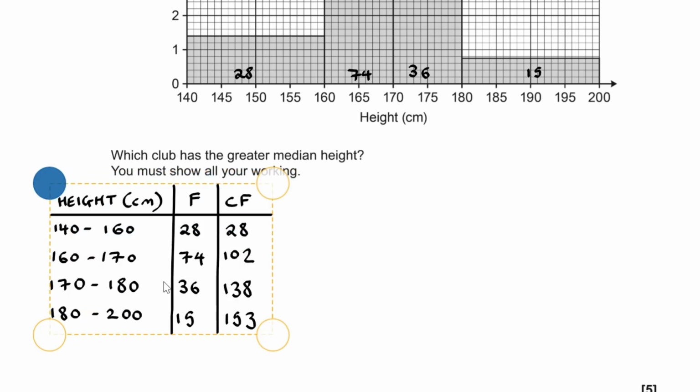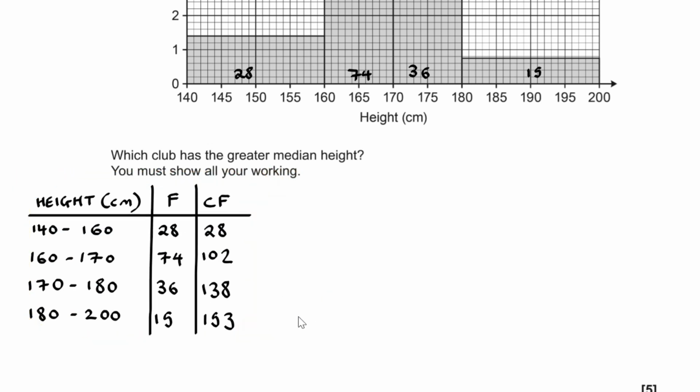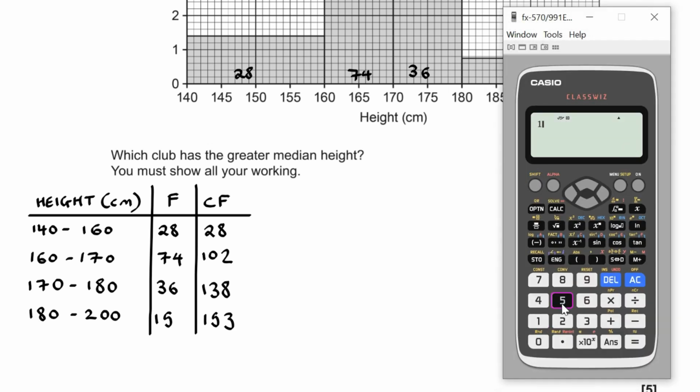So now what we can do is use linear interpolation to find out where the median is. Well, if we've got 153 pieces of data, 153 divided by 2 is 76.5.